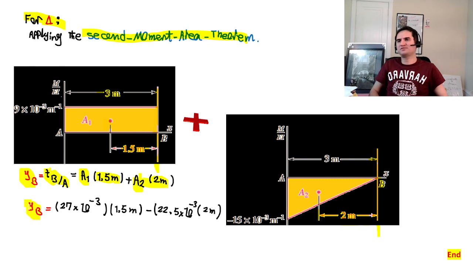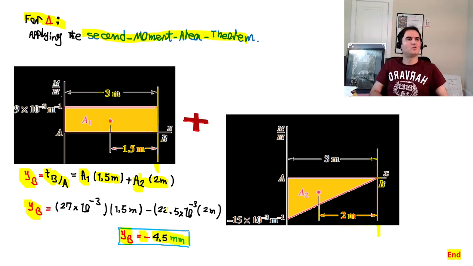If you do the math for yB, it gives you yB equal to negative 4.5 millimeters. Thank you. We'll work on one more example in the next videos.